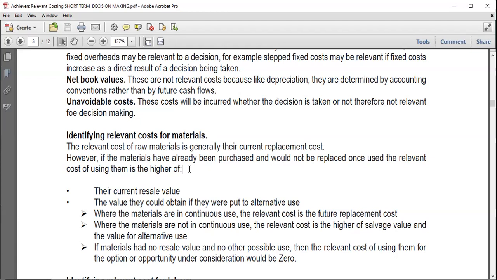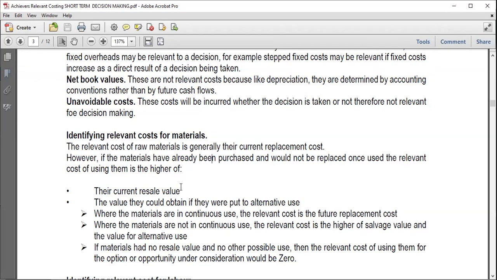We're saying that once the materials have already been purchased and will not be replaced once used, for the relevant cost we compare two things.